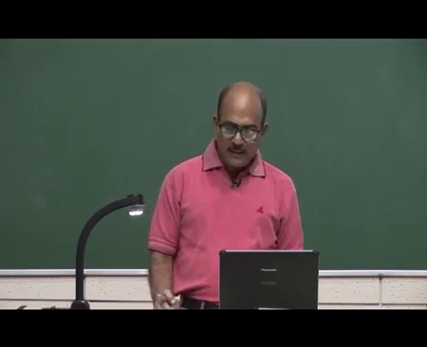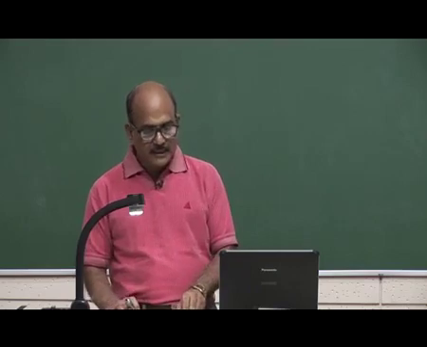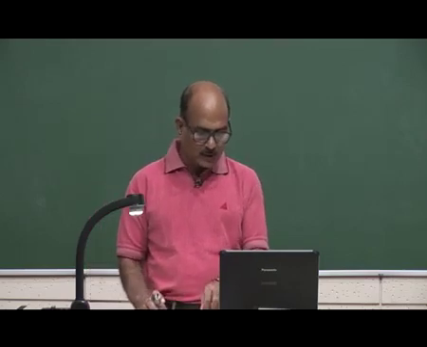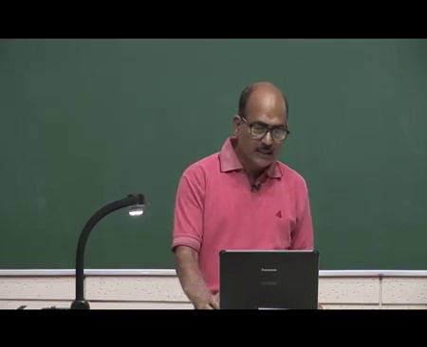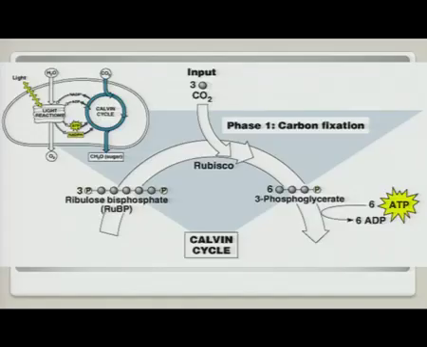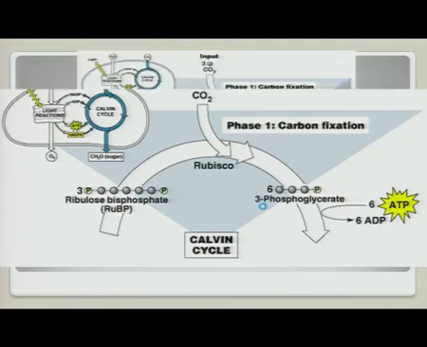Now, what is the mechanism or physiological process in C4 cycle? First, this one is the C3 phase. You just remind it: the carbon dioxide from the atmosphere directly enters and is accepted by RuBP and forms the first stable product, that is 3 phosphoglyceric acid.